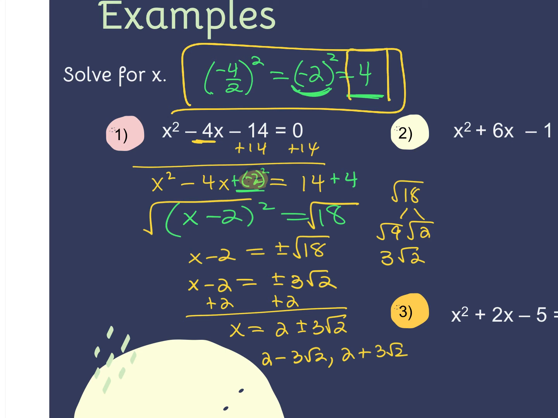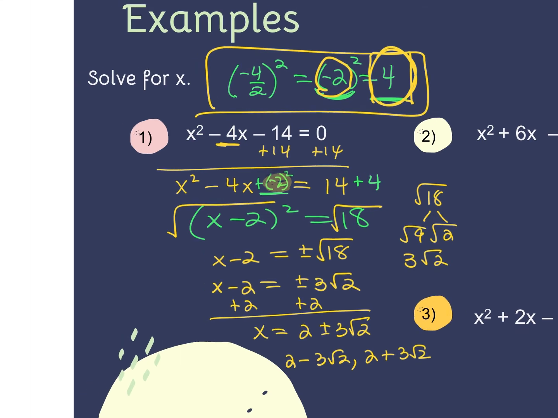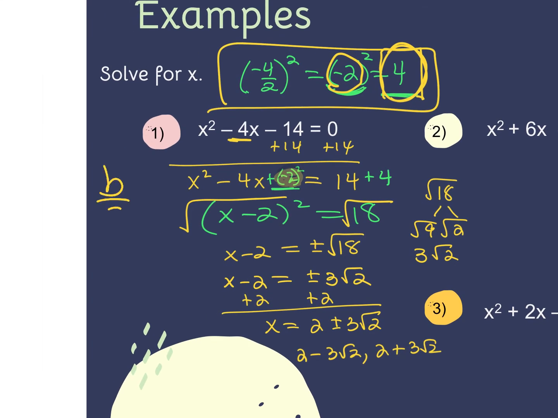So over on the right side, I entered it in as a 4. But on the left side, just so I don't have to think about factoring that trinomial, I'm going to put it in what it was before it was squared. So it's always the b term divided by 2 and squared. That's what you're going to be adding to both sides. Good?